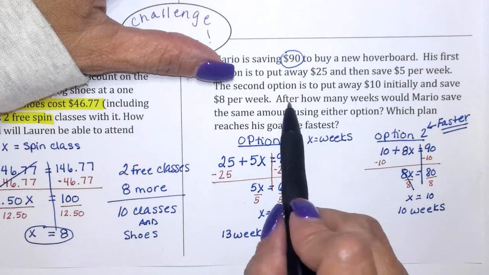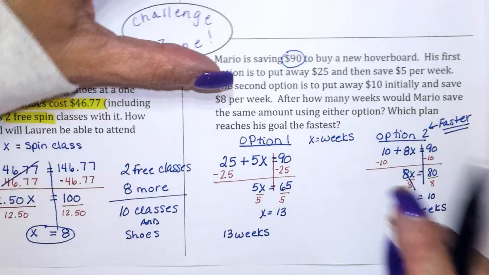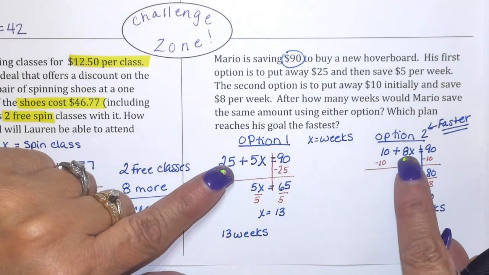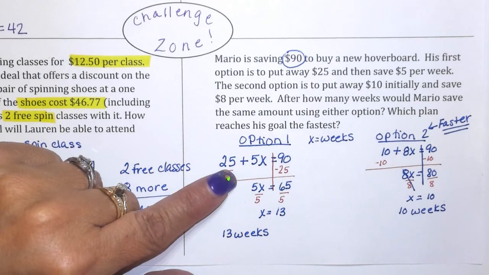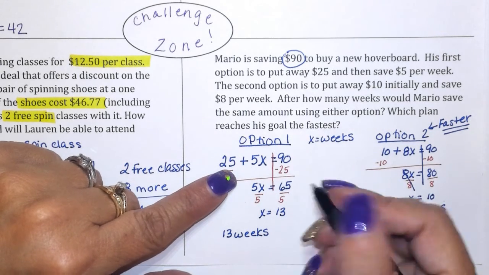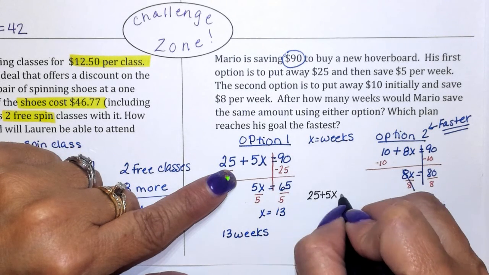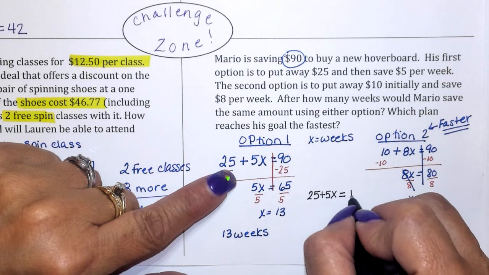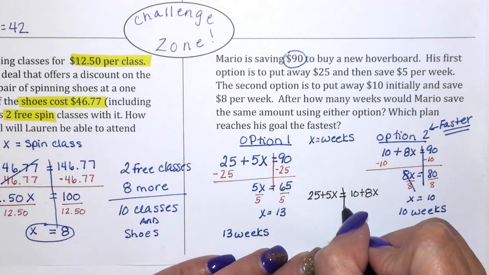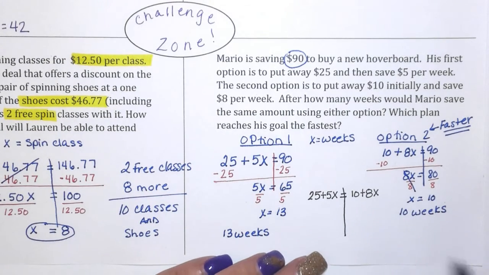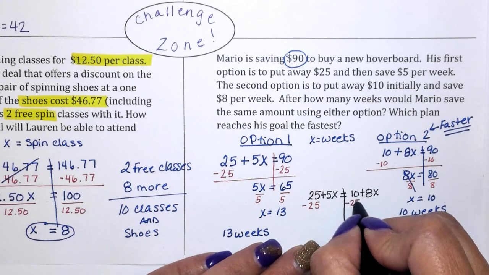Okay, so let's look at the next one. After how many weeks would Mario save the same amount using either option? Well, to figure that out, I'm going to take my 2 equations. I'm going to take 25 plus 5x, and I want to know when does it equal 10 plus 8x? When are the plans exactly the same? So here we go. I'm going to subtract 25, subtract 25.